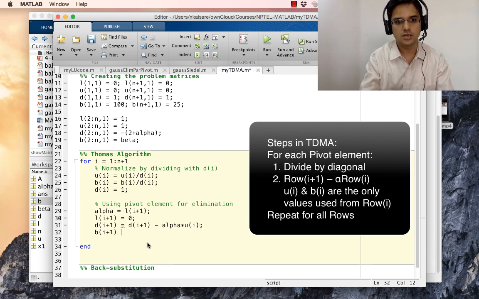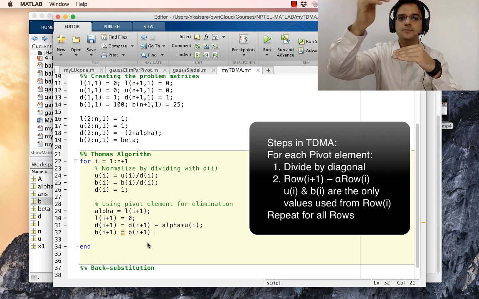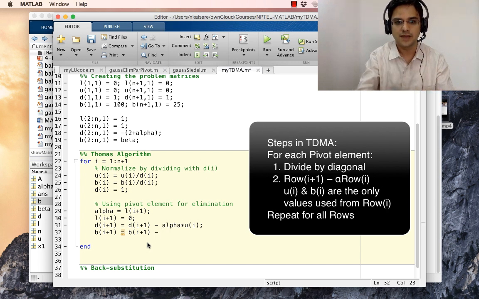Bi plus 1 is going to be equal to bi plus 1. Okay, what is above bi plus 1? Above bi plus 1 is exactly bi. So it's going to be minus alpha multiplied by bi. Okay, so that's the thing.